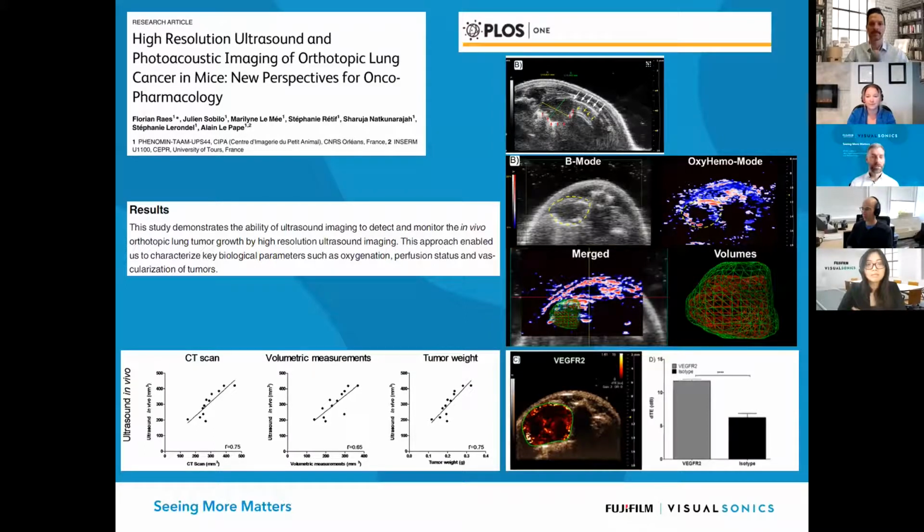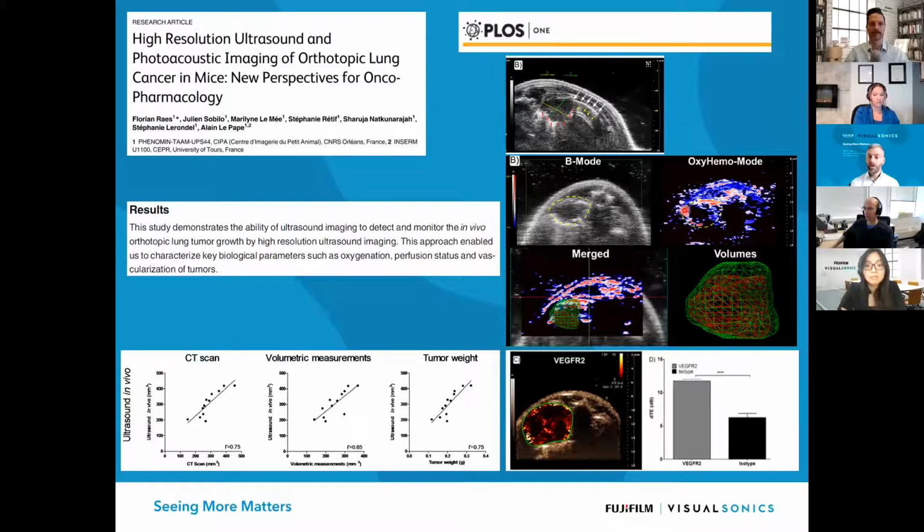Yeah, so this is the paper that I mentioned, the group in France from Orléans, creating an orthotopic model for lung tumors, being able to detect the tumor with ultrasound, adding photoacoustics to look into tumor hypoxia, how the tumor develops.